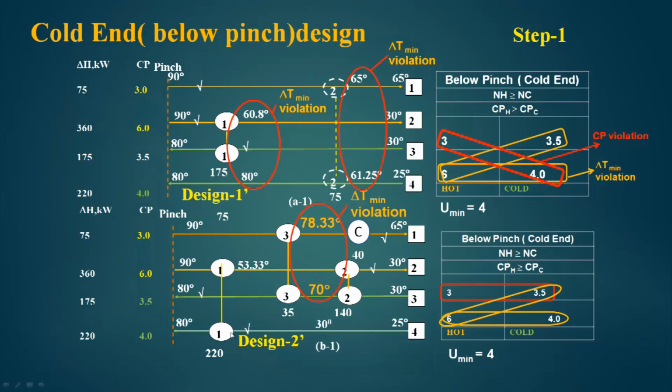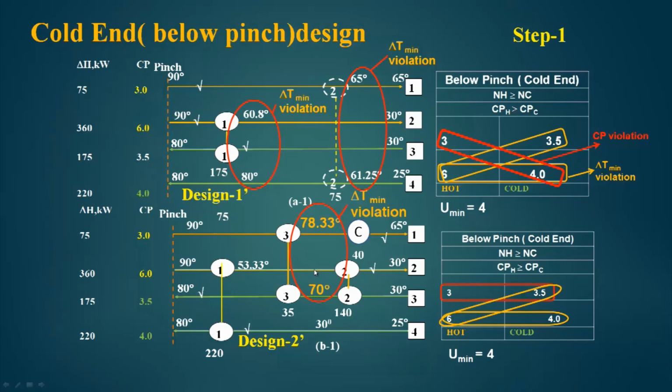Now, if I deduct 220 kilowatt from 360 kilowatt, that becomes 140 kilowatt. So, I can put a match of 140 kilowatt here, and I can tick off stream number 2. Once I put this match, the exit temperature here becomes 70 degree centigrade.